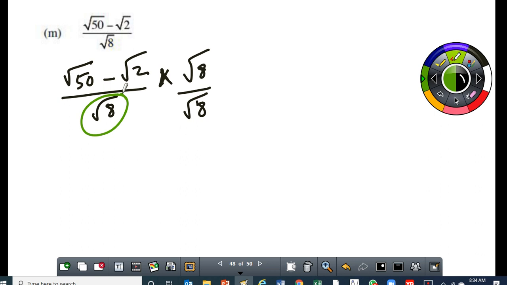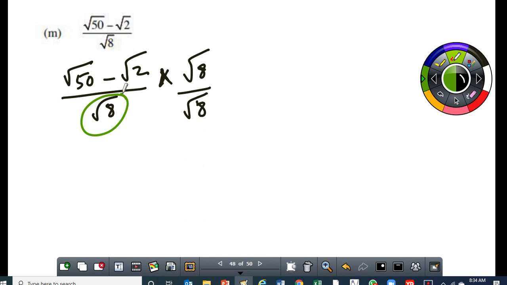That process is what is called rationalization. We are converting the denominator to a rational number. Remember, you did rational numbers from grade 8 up to grade 10. All rational numbers can be written in the form A over B, that is, as fractions. And integers are rational numbers.